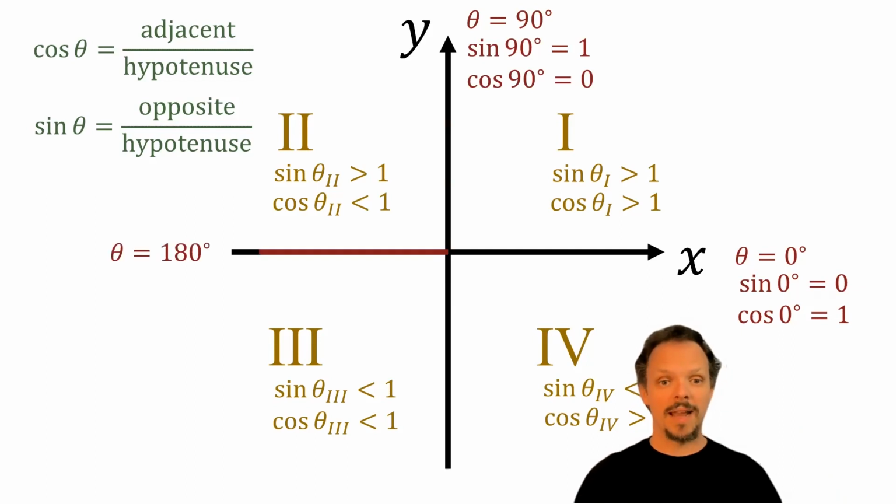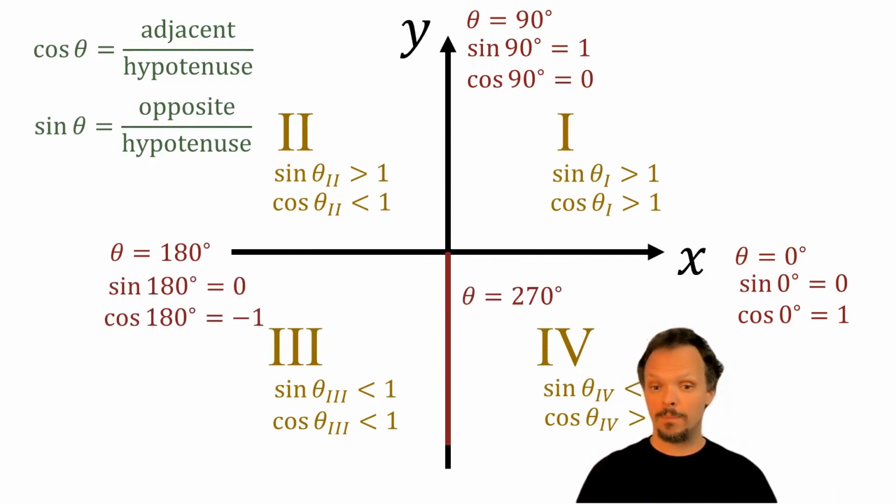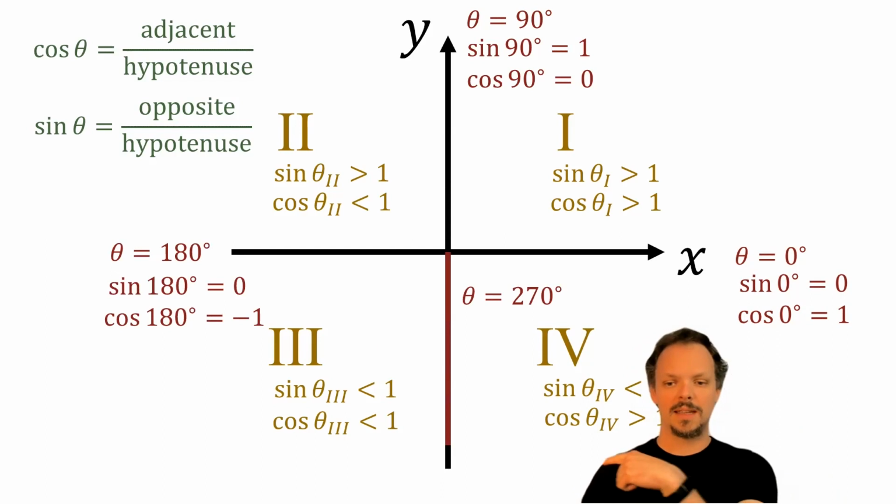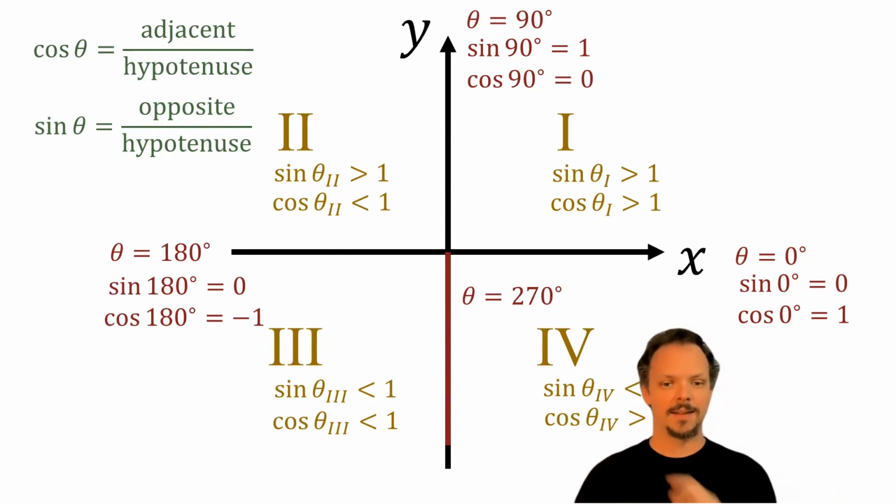Going all the way over to 180, we're back in sort of the first situation where we have no opposite, but it's all adjacent. So the sine is back to 0. The cosine is -1 here because it's all pointing to the negative x side.